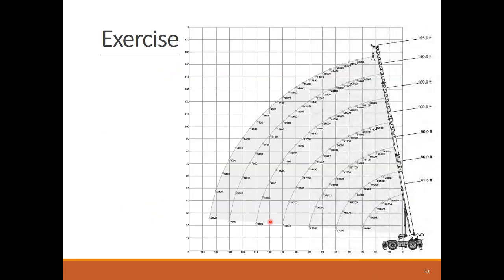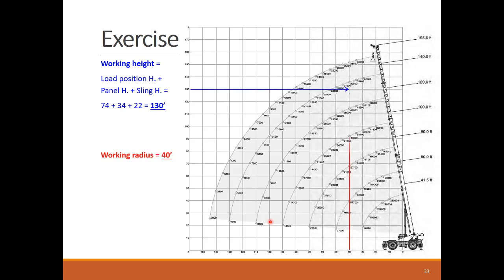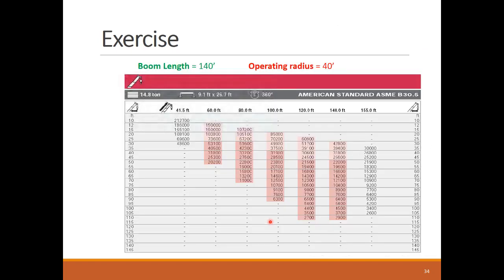We need to calculate the working height by adding up the clear elevation of the panel location and the heights of the panel and the sling. They add up to 130 feet. With the radius value, we identify from the chart that the boom length of 140 feet should work.